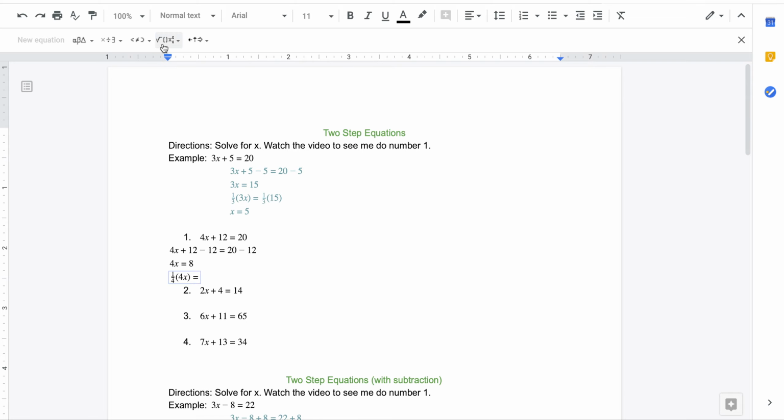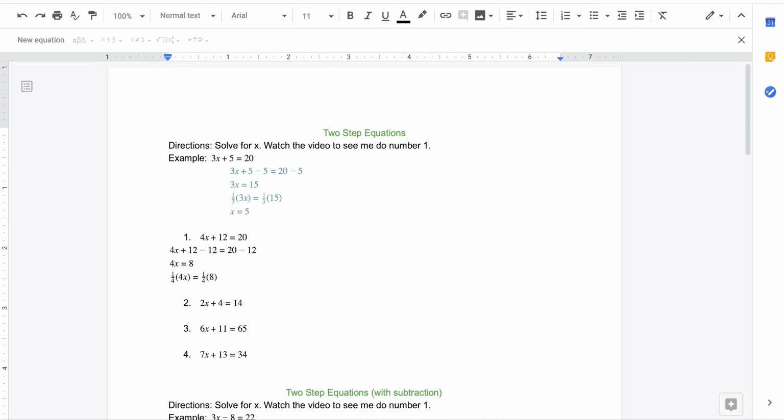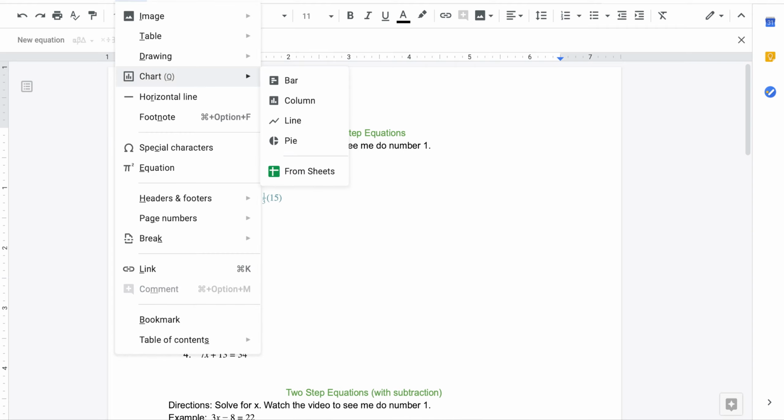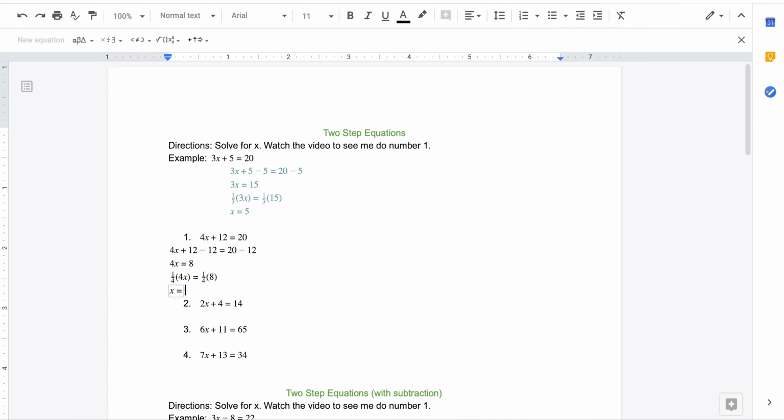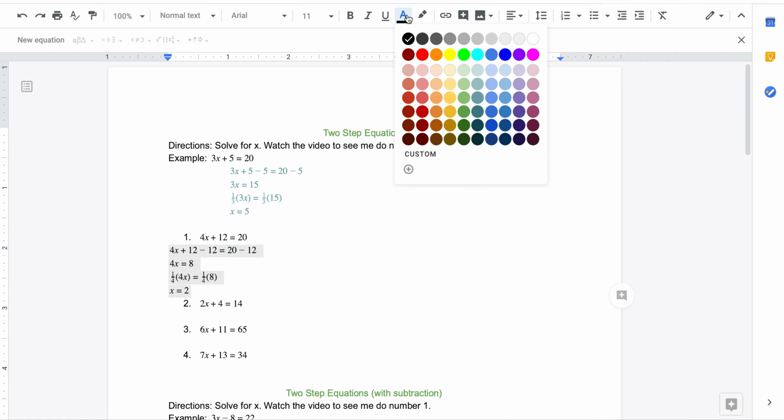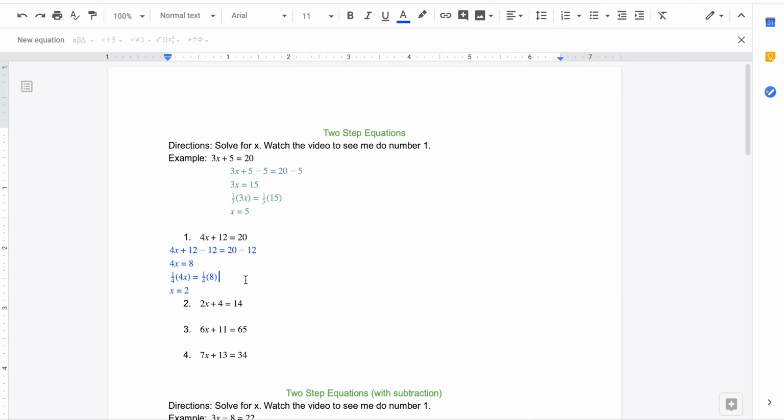Then I'll insert a fraction again and do 1 over 4 multiplied by 8. And then from there you can do x is equal to 2. And don't forget to color your work a color other than red or black.